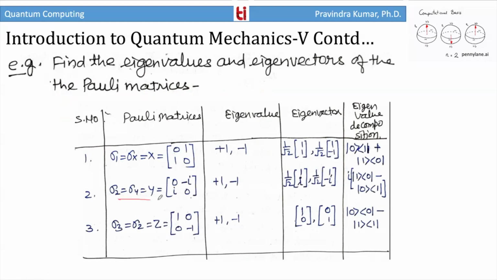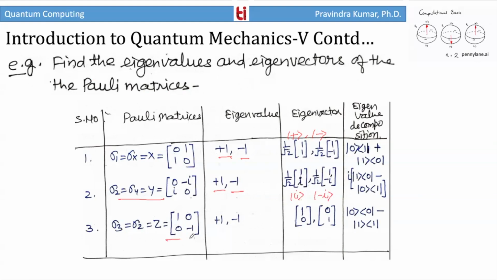With the Pauli Y matrix, the eigenvalues will be plus 1, minus 1, same as in the Pauli X matrix, but the eigenvectors are 1 by under root 2 (1, i) and 1 by under root 2 (1, minus i). This means for Pauli X the eigenvectors are ket plus and ket minus, and in this Pauli Y matrix the eigenvectors are ket i and ket minus i.